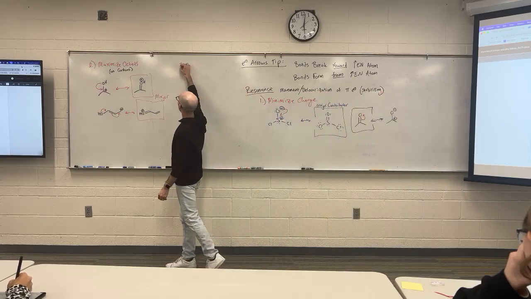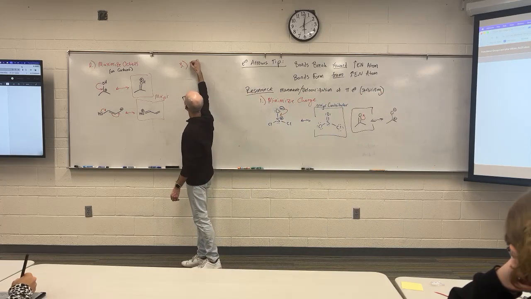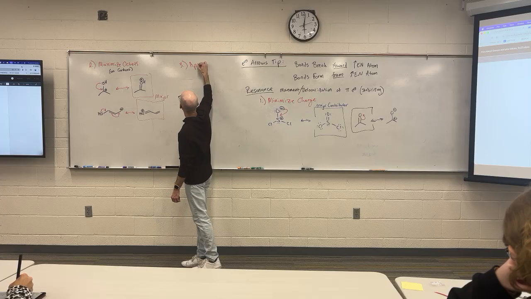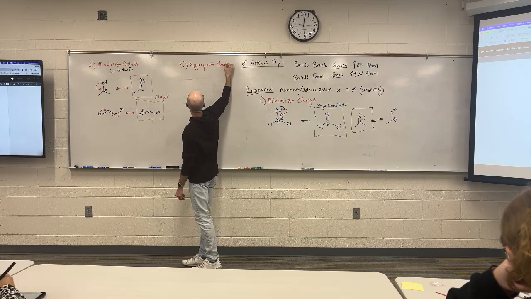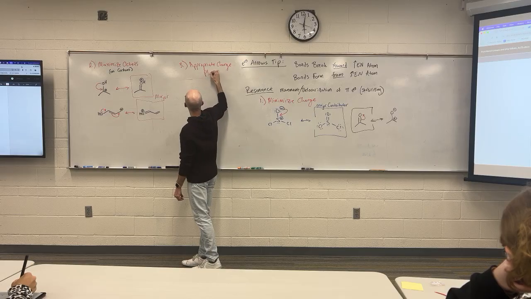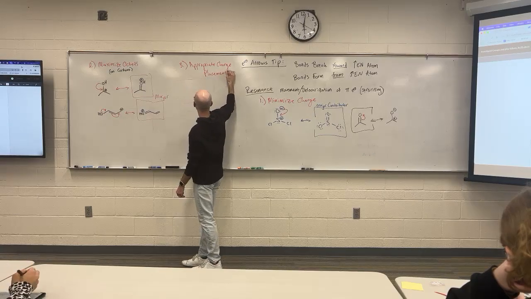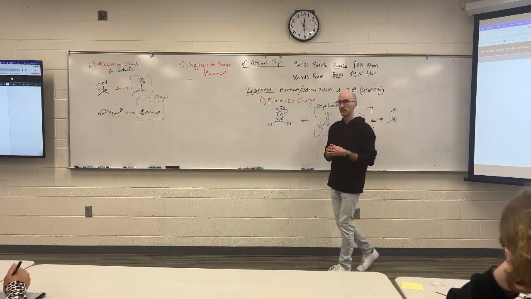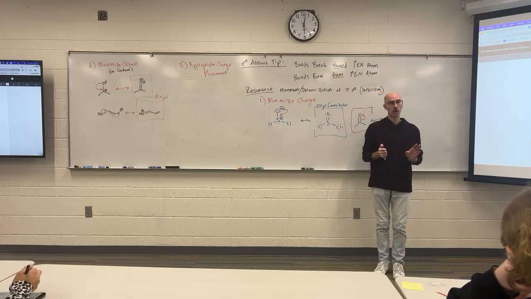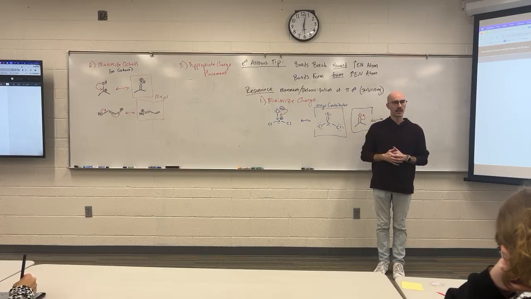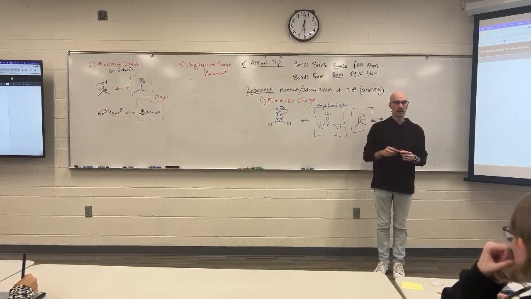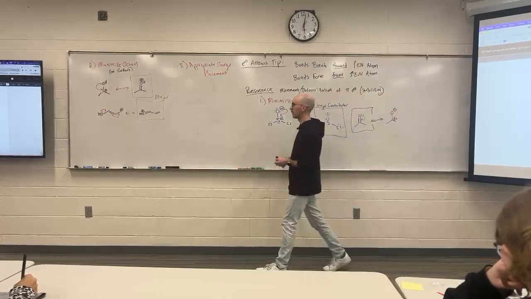And that's because our third rule is what I call appropriate charge placement. This is the last thing that we consider. We don't consider whether the charge should be on oxygen or carbon when we're deciding to maximize octets. We maximize octets first, and then we look for where charges can be placed.